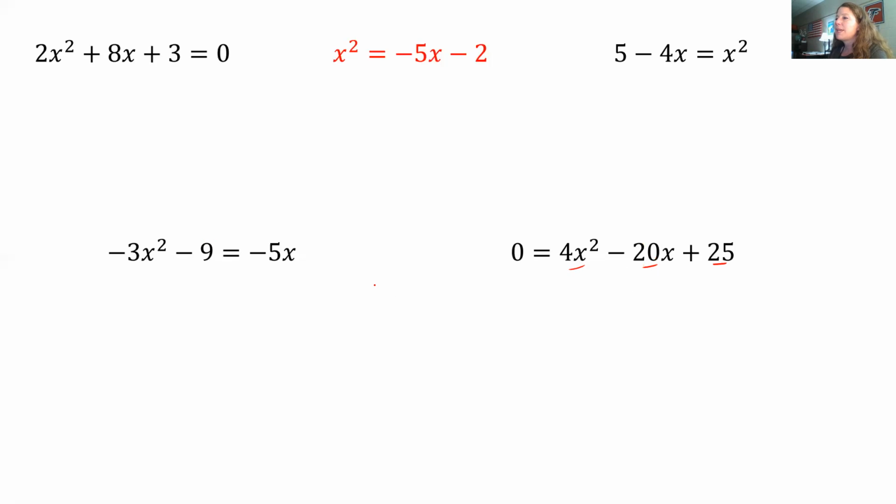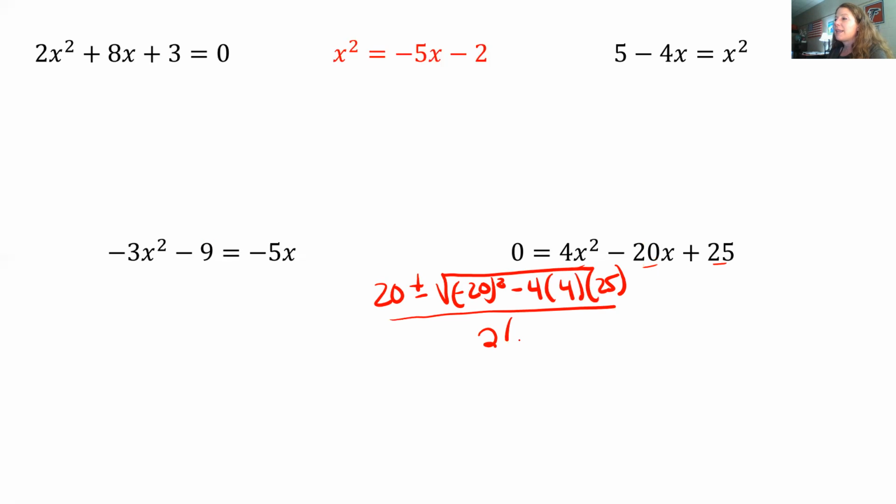We're going to do the opposite of b, plus and minus the square root of negative 20 squared minus 4 times a times c, all over 2a. Under the radical, we have negative 20 in parentheses squared, minus 4 times 25, which equals 0.